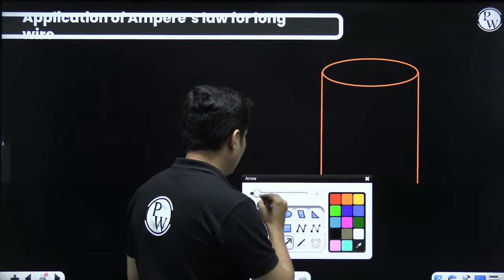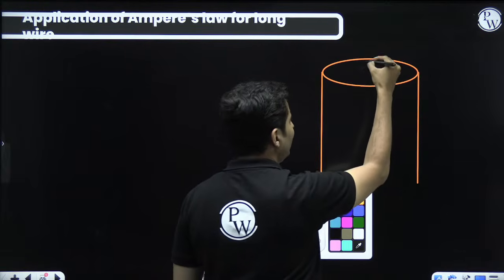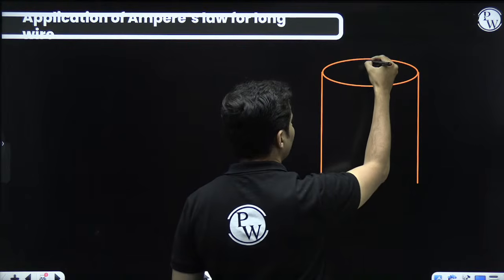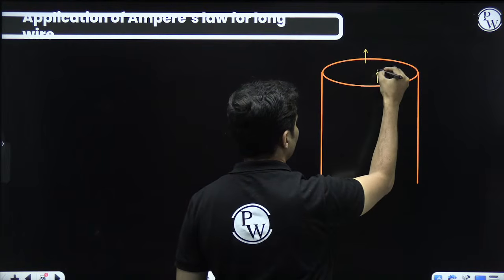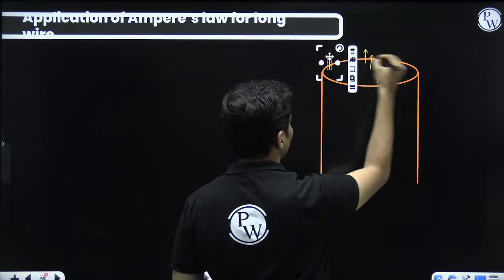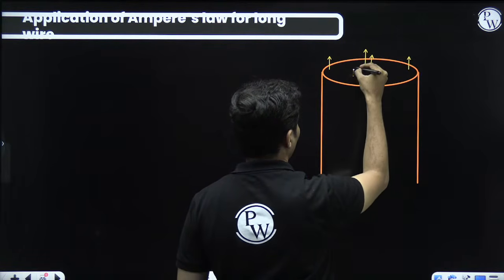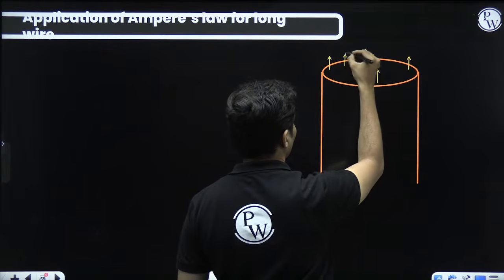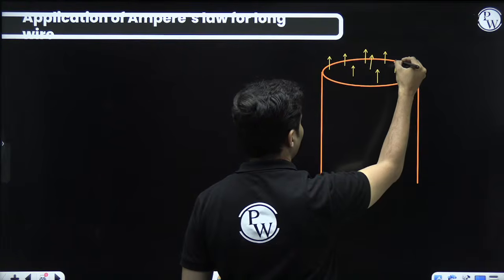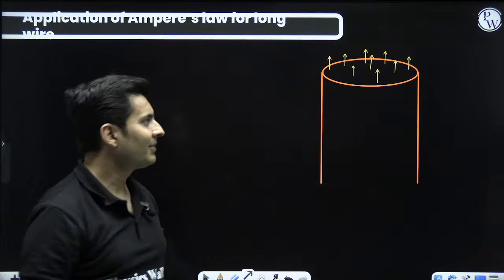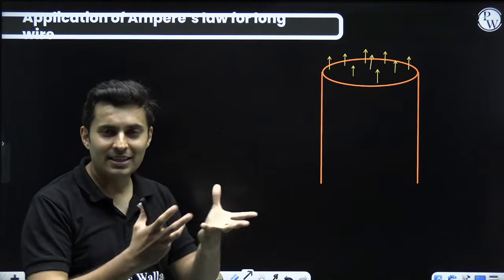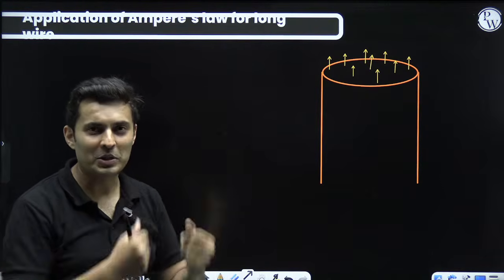One thing I can tell you, the current will be uniformly present everywhere, something like this. This is the concept of current density. Current is spread out uniformly on that cross section.